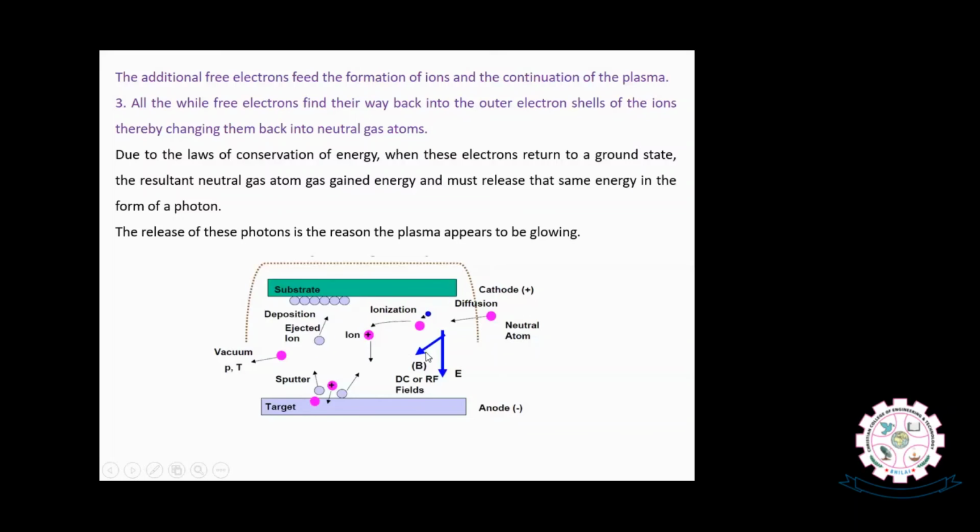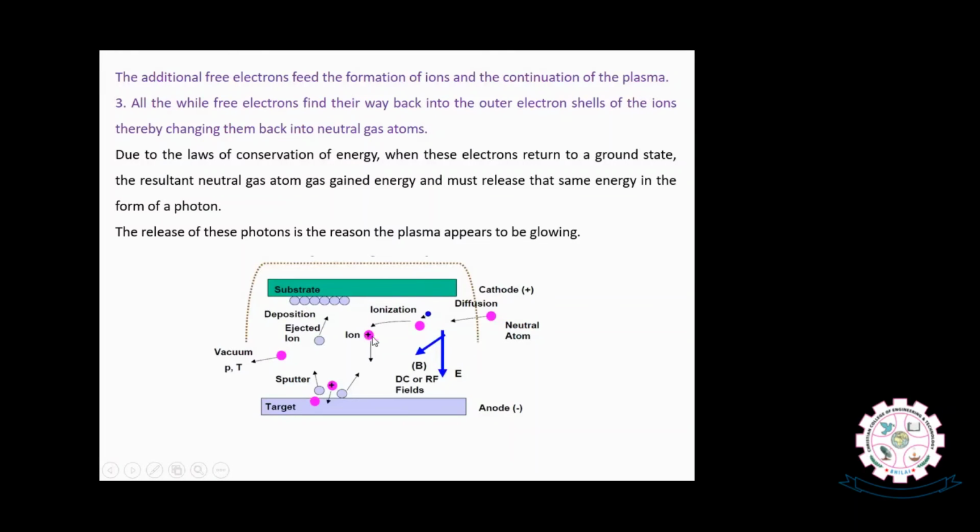Between these two, I will apply the potential. So this is what is called the cathode, and your target is called the anode here. When I apply the potential between them and introduce the argon gas molecules, the argon will become Ar plus and 2 electrons.